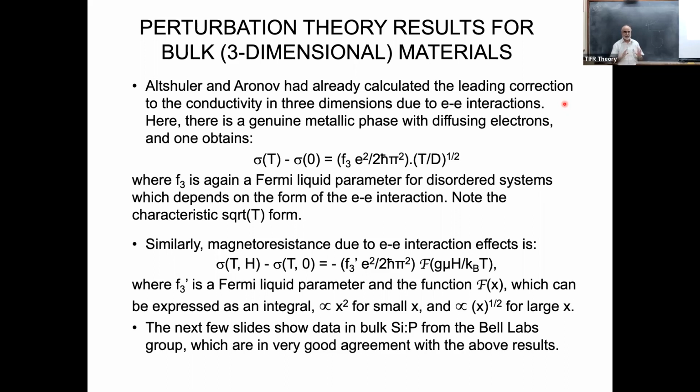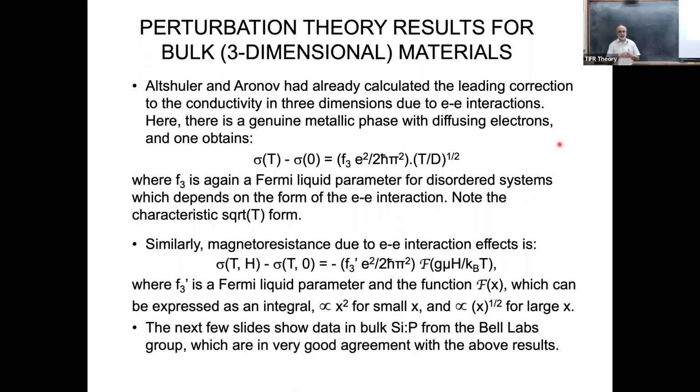So that tells you that at least in 2 dimensions, when you have a very good metallic film or one with a high conductance, you are able to understand everything. There are 2 parameters, and those 2 parameters can be separately measured experimentally. Now I want to come to 3 dimensions.